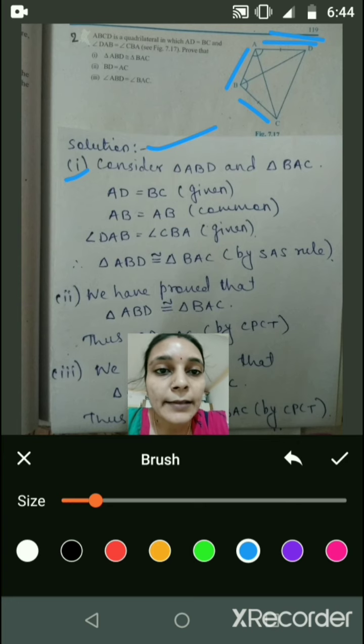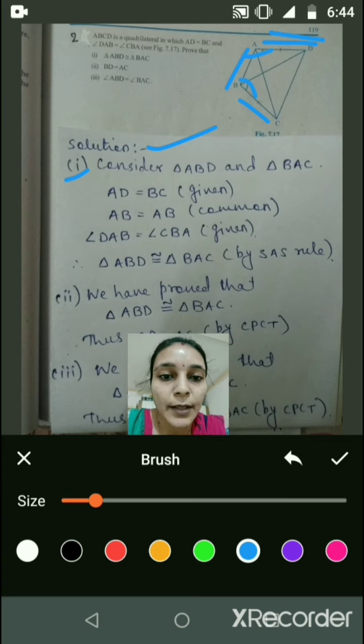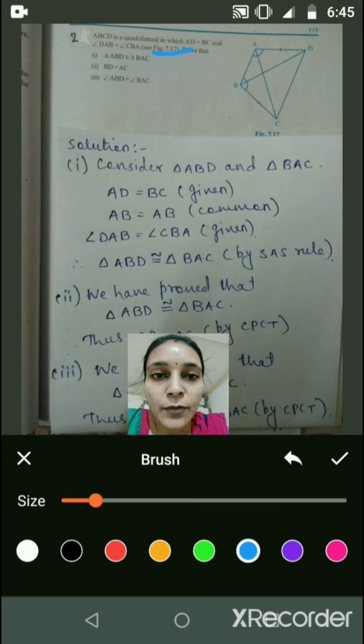Next, angles DAB and CBA are equal because it is given. So triangle ABD is congruent to triangle BAC by the SAS rule, side, angle and side. So the first part we have proved.